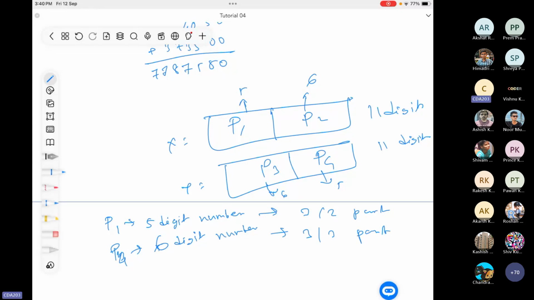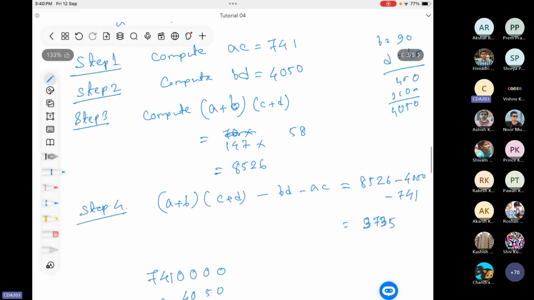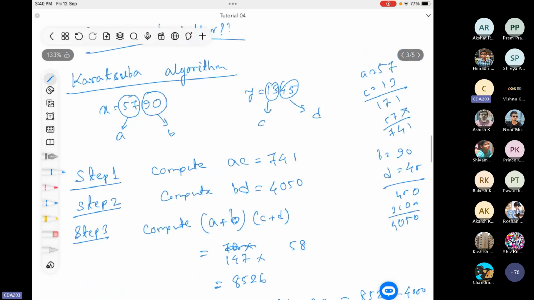So we start with n-digit numbers and we break the numbers into almost half, that we have already seen here.